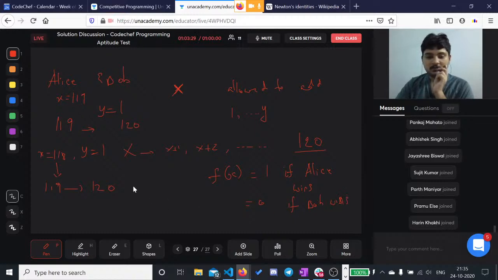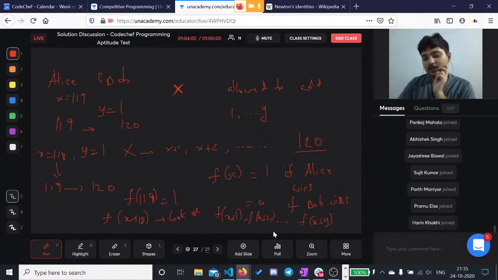So f of 119 is always 1 because Alice can add 1 to 119 and win the game. And to get f of x for x less than 118, look at f of x plus 1, f of x plus 2, and so on till f of x plus y.